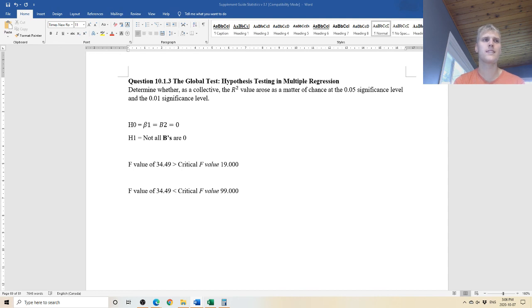So this is not saying that the variables aren't going to affect our formula. All it's saying is at 1%, we don't have the evidence to reject that they don't. So in this scenario, we would tell the instructor just to go back and take a larger sample size if they want to be absolutely certain.